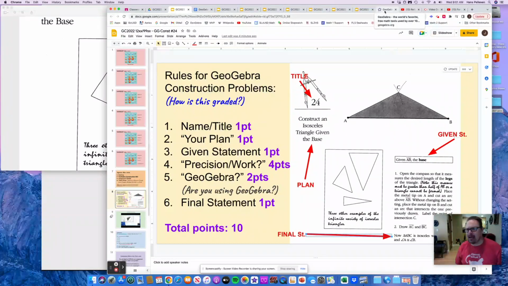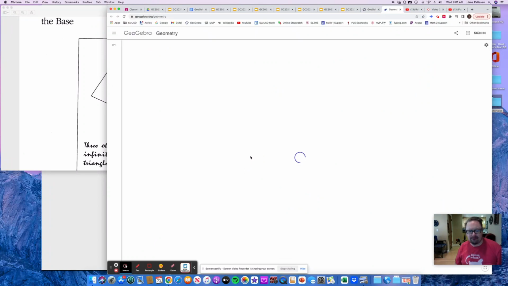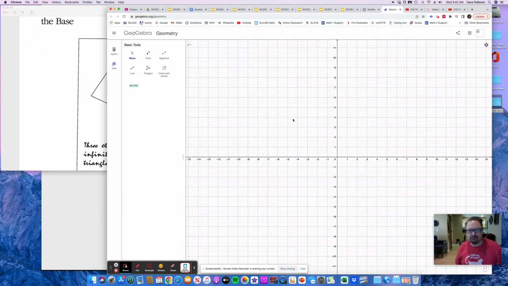We don't need the calculator app because we're not going to do precise measurements here. So we'll just use geometry, and we'll do a clean sheet of paper.